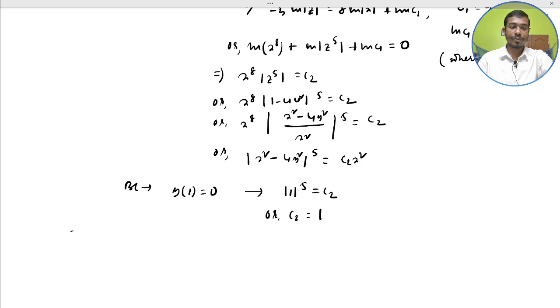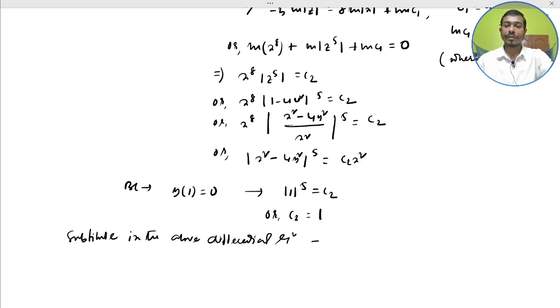So substitute in the above differential equation. We would get mod x square minus 4y square to the power 5 is equal to x square, because the integrating constant is 1 here.